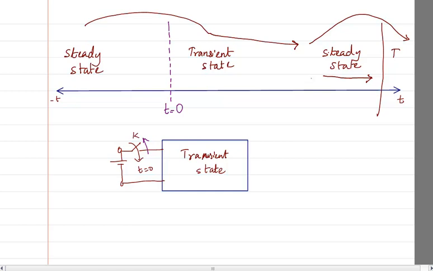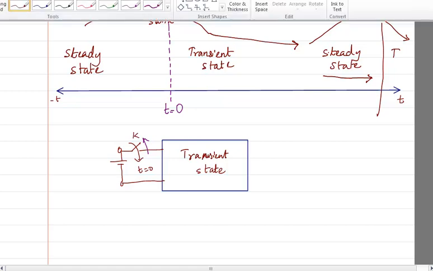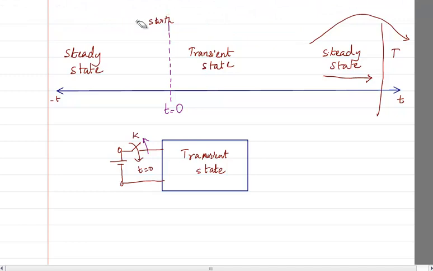And that is something that you have to always understand in this kind of problem, that it goes from steady state to a transient state once you do a switch. So once you flip the switch, it goes from a steady state to a transient state. Now you might be asking, sir, do I have to switch on or off? Whatever be the case, whether it is on or off, once you do the switch, it goes from steady state to transient state.